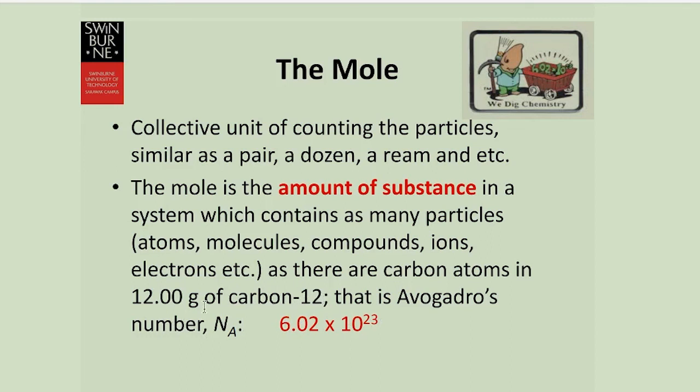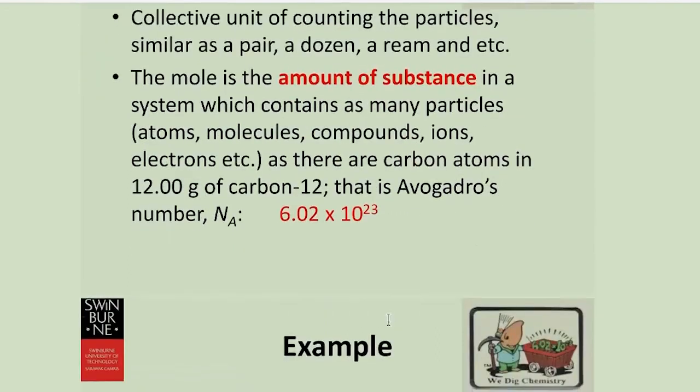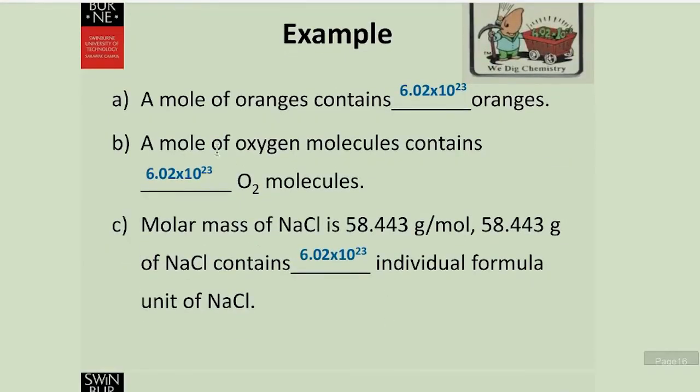But in 12 grams of carbon-12, this number of carbon atoms will be there. So a mole of oranges will always contain this number of oranges, and it's a huge number.